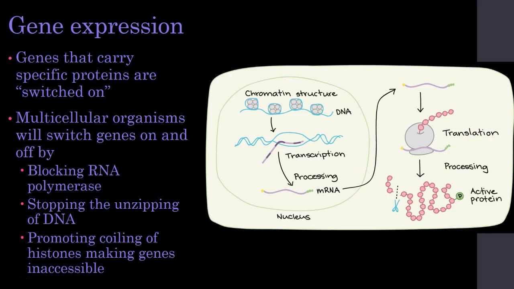Or they could promote coiling of the histones that make the genes inaccessible. So as we looked at our structure of our DNA before, we saw coiling of the genes around the histones, and if that coiling becomes tighter, then the DNA can't even be accessed to make a template for transcription.